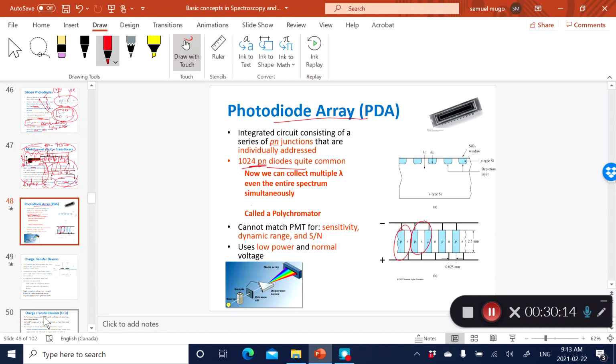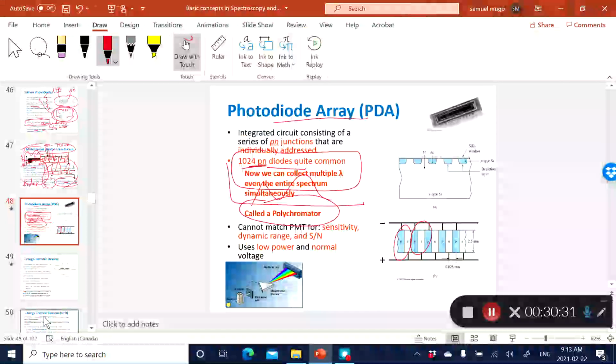And so it becomes fairly easy to acquire a full spectrum with this large set of diodes, okay?